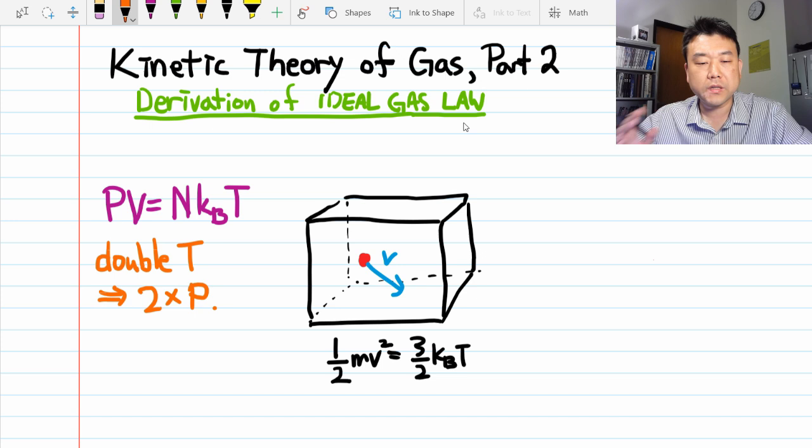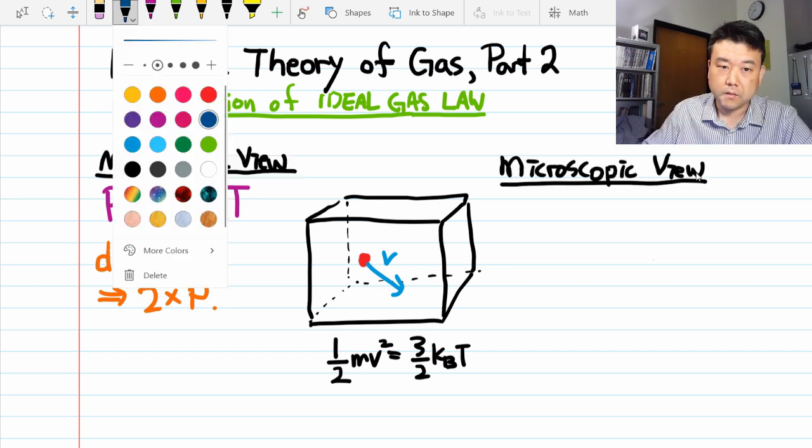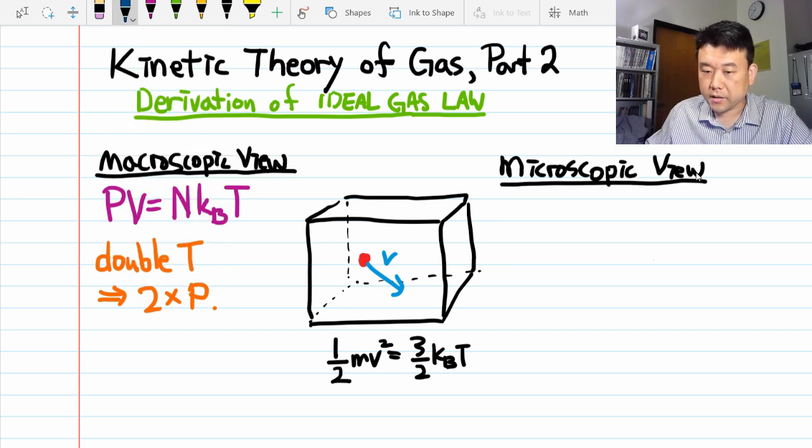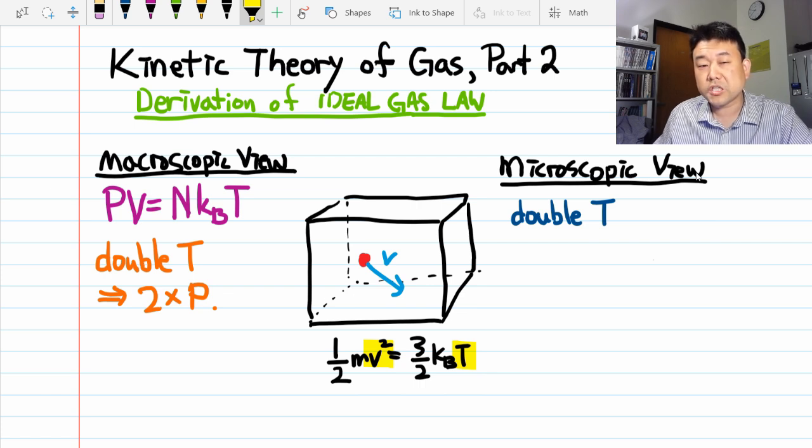Now, how would this be consistent with the picture that we developed based on the first principles of mechanics? Here, if you double the temperature, then temperature scales as v squared. So your speed wouldn't quite double.